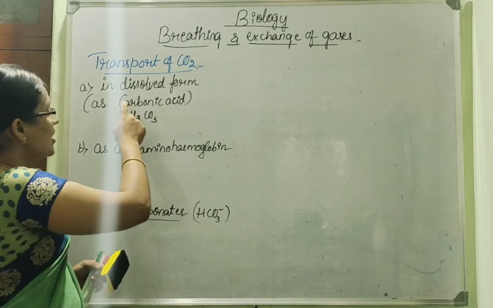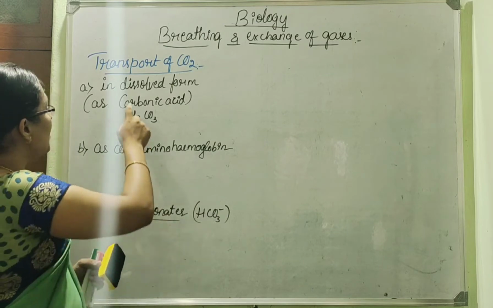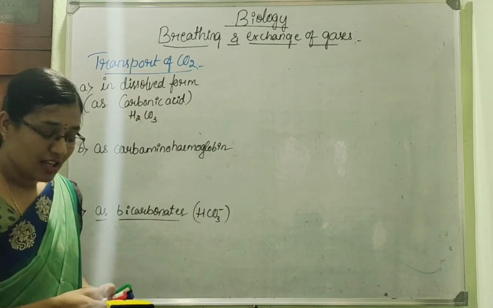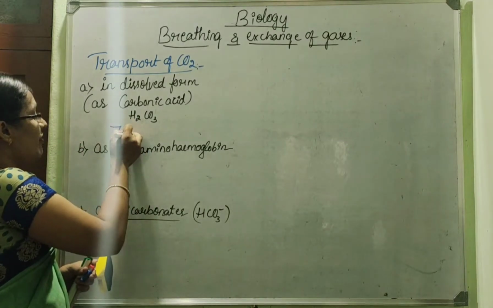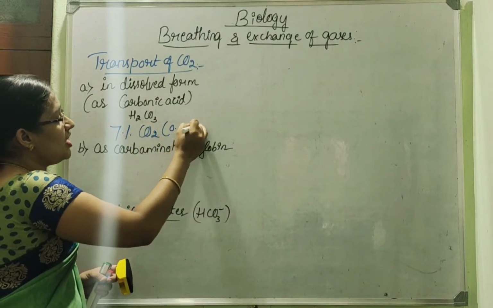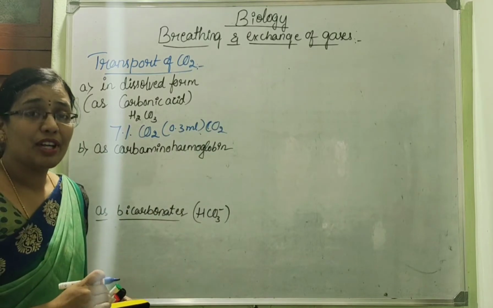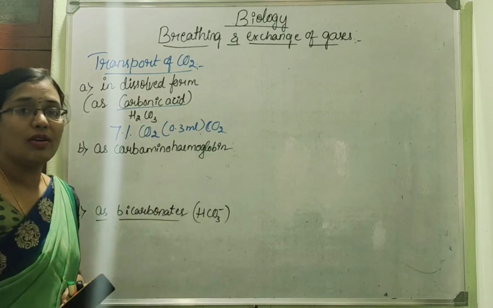So one is the released carbon dioxide transported in dissolved form as carbonic acid. So here just a little amount, that is 7% of carbon dioxide or 0.3 ml of carbon dioxide, is transported from the tissues to the alveoli in the form of carbonic acid.